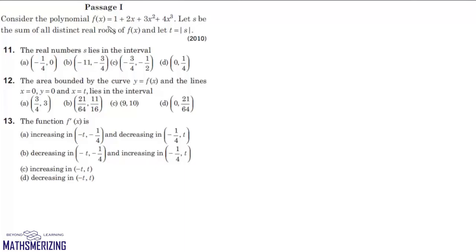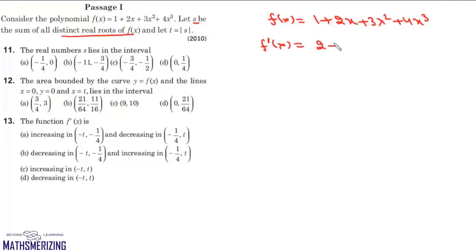Now here the question is, consider a polynomial f(x) equals 1 plus 2x plus 3x square plus 4x cube, and let S be the sum of all distinct real roots of f(x) and let T equal mod of S. Now if we differentiate this function, we can find f'(x) as 2 plus 6x plus 12x square.